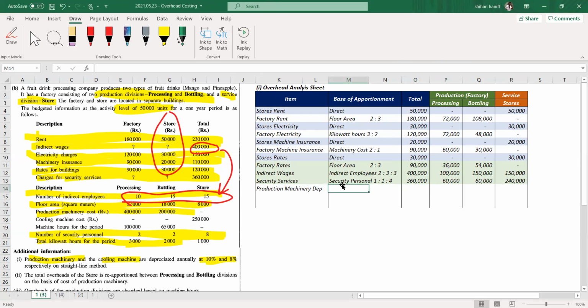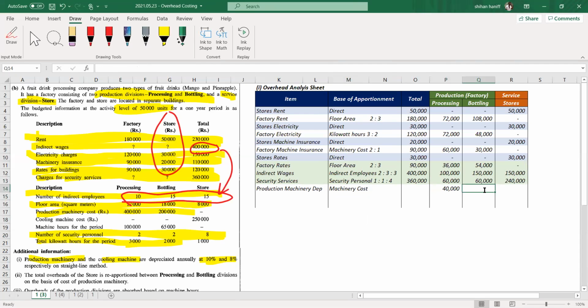So separately given machine cost. So you can depreciate 400,000 into 10%, 40,000.